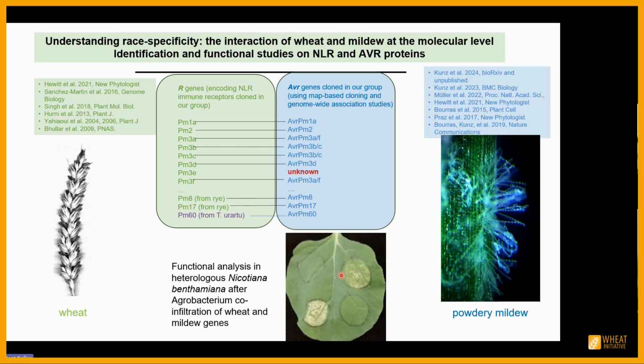We can co-infiltrate the cloned resistance gene and the corresponding AVR, and in case of recognition, you can see this hypersensitive response, which is very nice. It shows that this recognition and signal transduction mechanism is conserved. Even in a dicot species, you just add a mildew AVR and the wheat gene and you get the same HR that you observe in wheat.